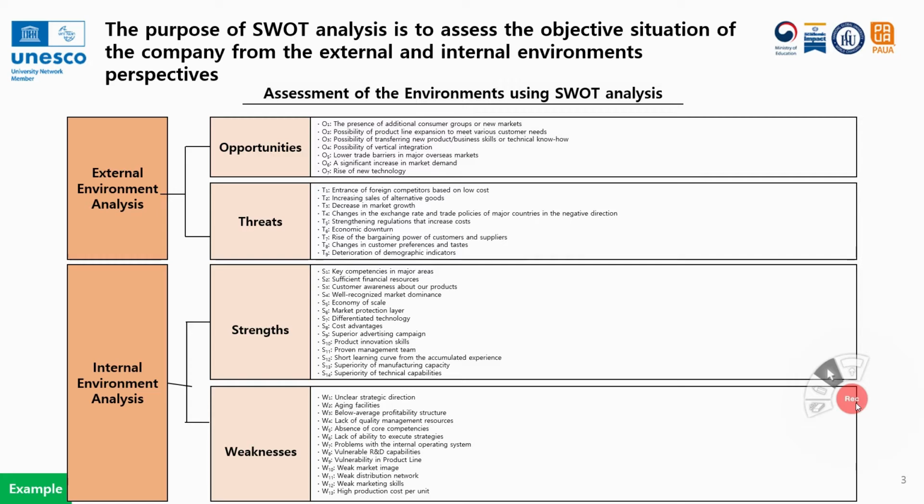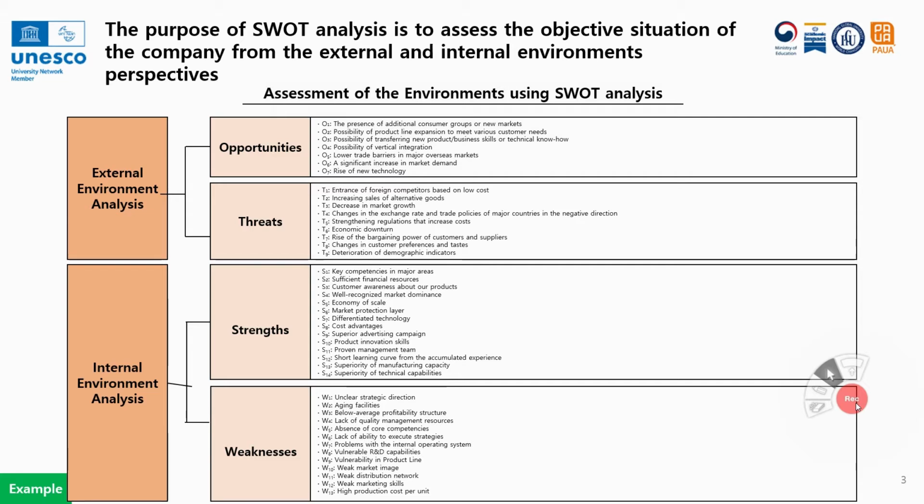And then the below average profitability structure. So in case we are not in a cost leadership of the businesses, with low profitability, that is a negative element in doing the business.